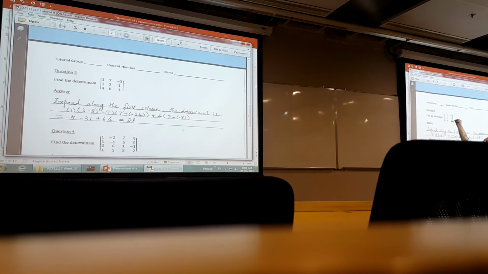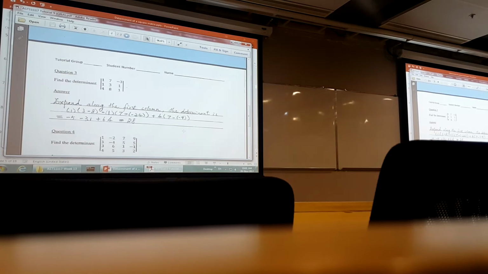So, note 2. 1 minus 4, I have to write it down. 1 minus 4 is minus 3. Minus 3 times 7 is minus 21, but this minus position becomes positive 21. I write it down, positive 21.